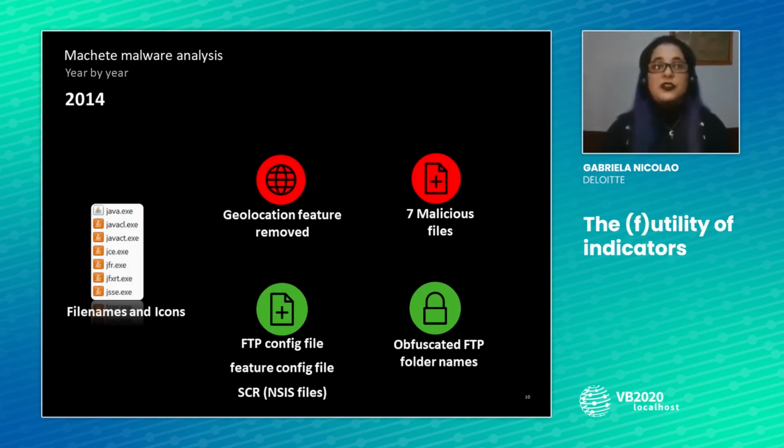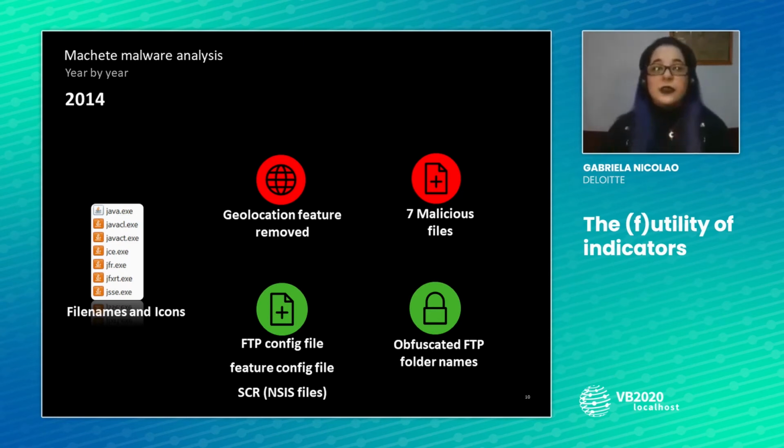In 2014, they used both self-extract RAR files and SCR files that were actually ANSYS installers with Py2exe files inside. And they changed file names and icons, but still using Java-related file names. And they removed the FTP information from the Python files and put it in a file disguised as a DLL.